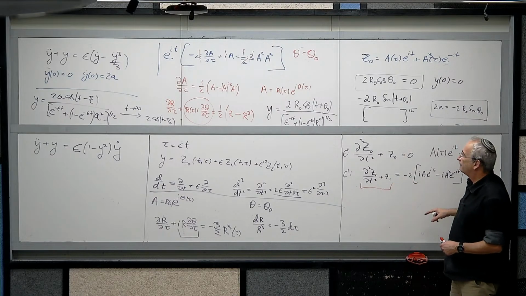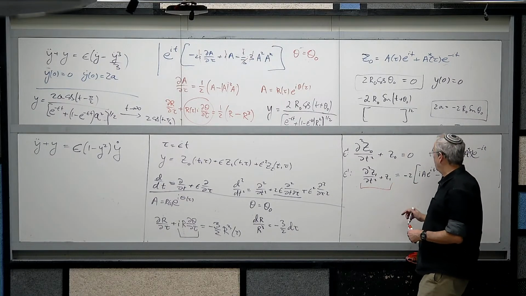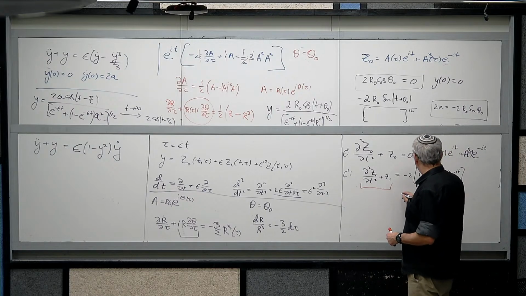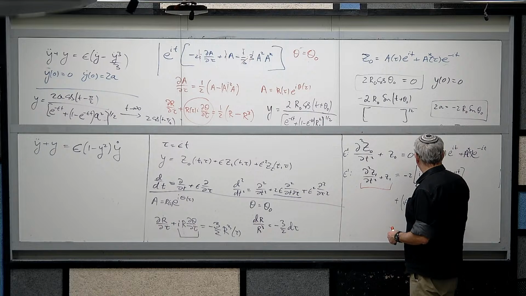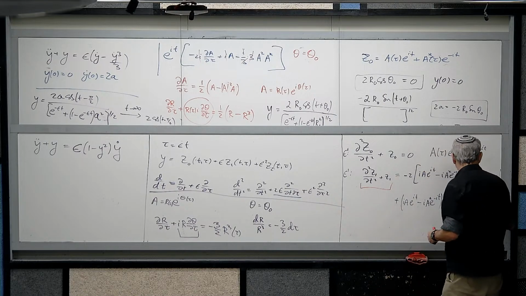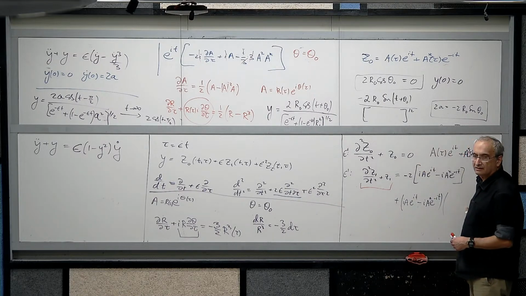And now we have 1 minus y squared times y dot, which is iA e to the iT minus iA star e to the minus iT times 1 minus y squared.